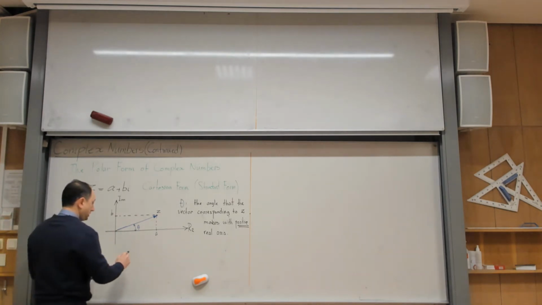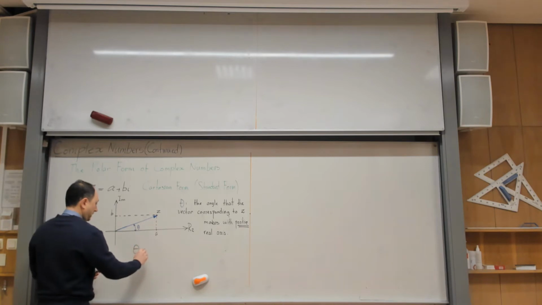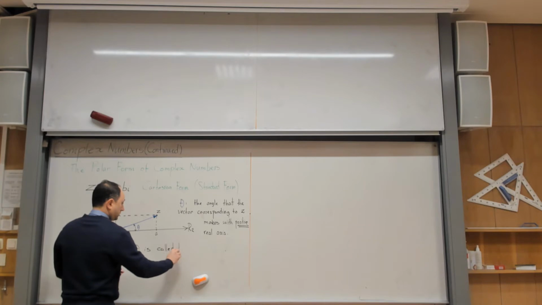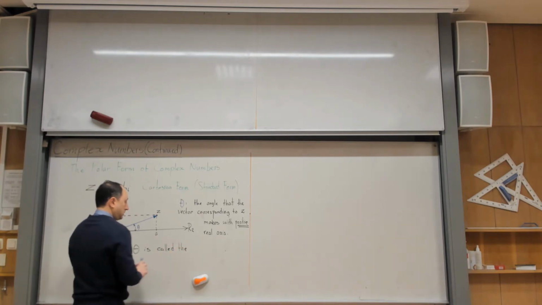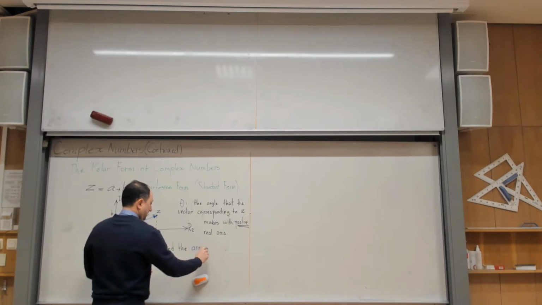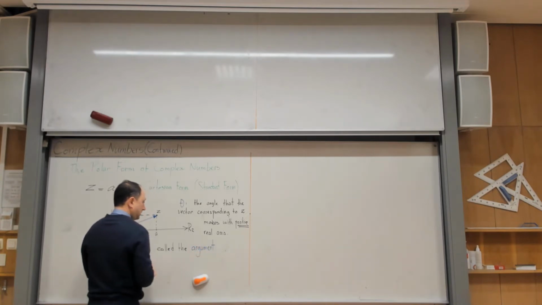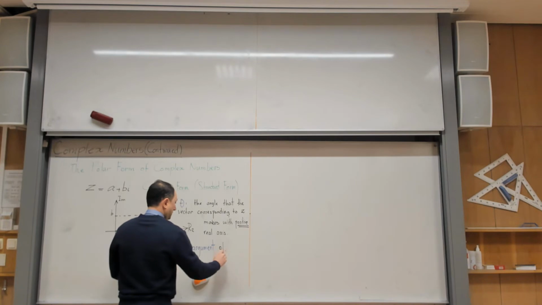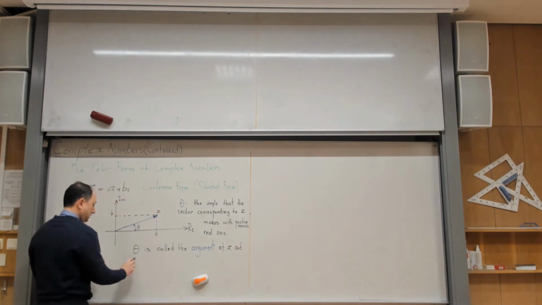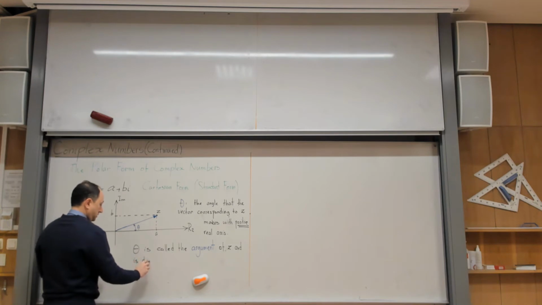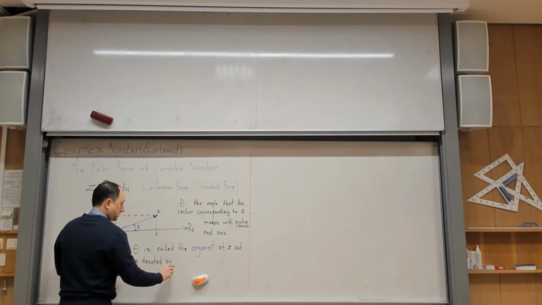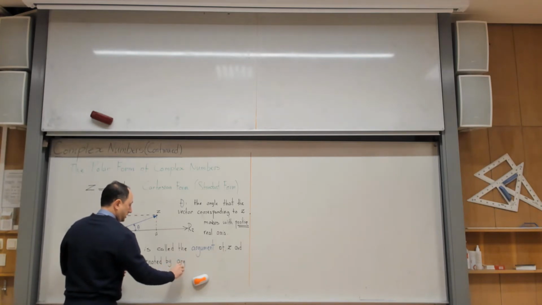Theta is called the argument of z and is denoted by arg z.